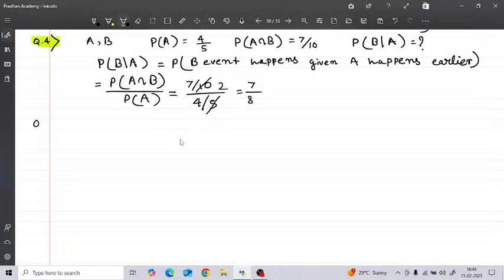Now question number 5. Question number 5 states that A and B are two independent events.